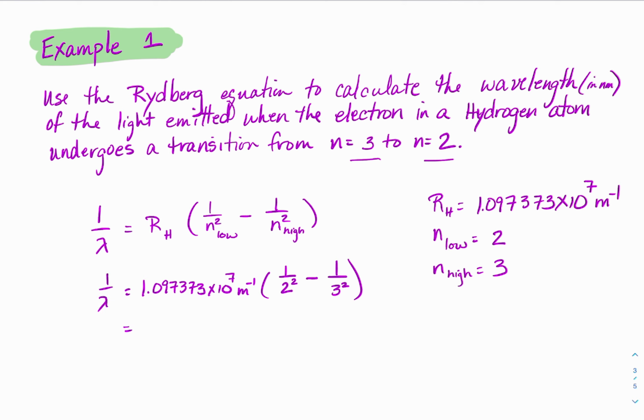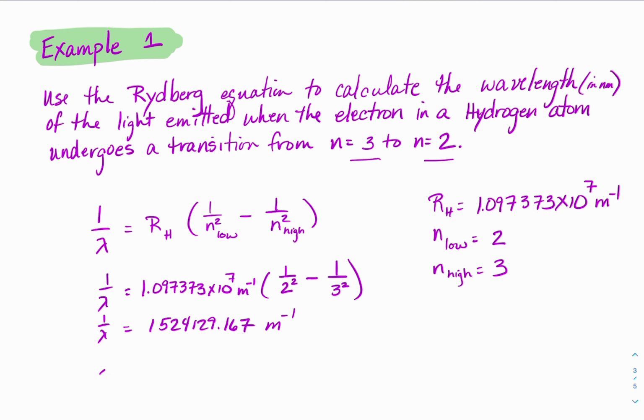So if we plug in Rydberg's constant and do all of the math in the parentheses, we end up with a value that looks something like the following: 1524129.167, and then the units will still be per meters, and that's what 1 over wavelength equals. But keep in mind that's not the answer, that's the reciprocal of the answer.